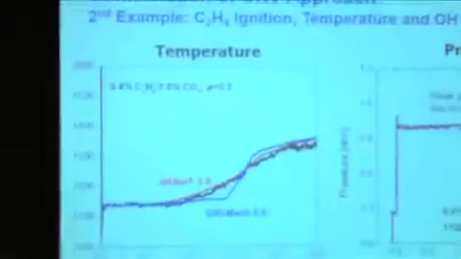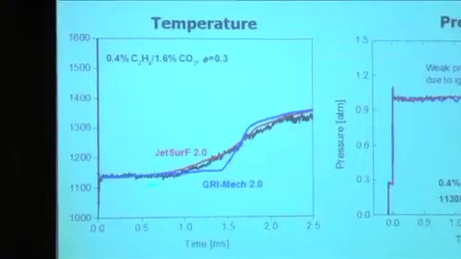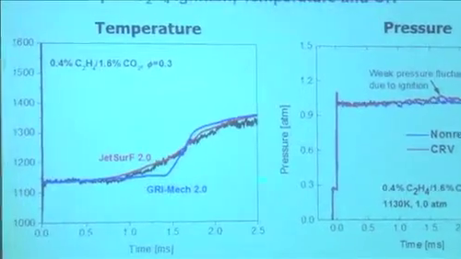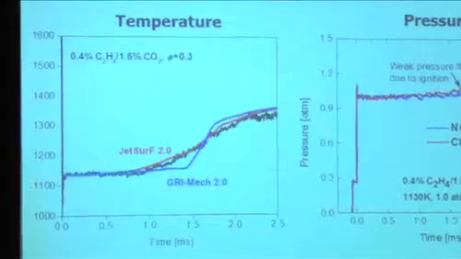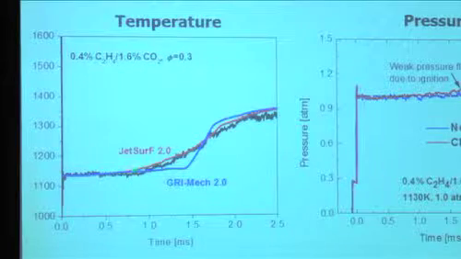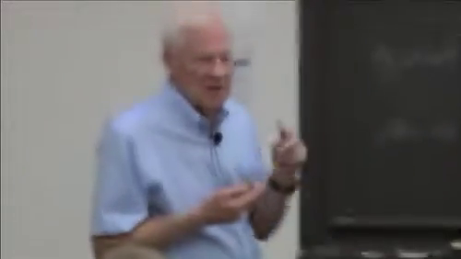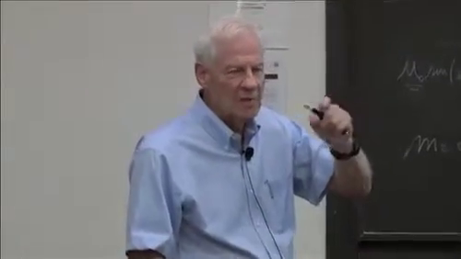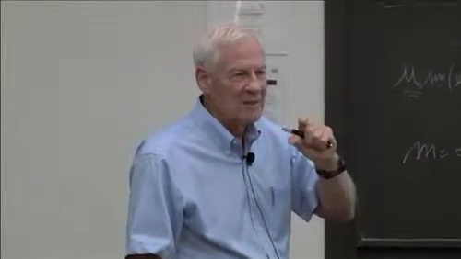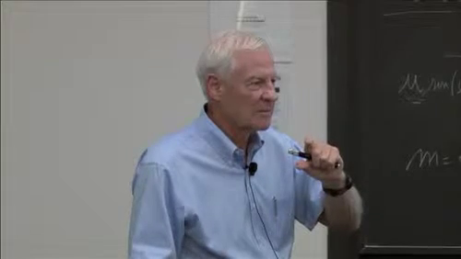And as a check on this, we did a measurement of temperature versus time, which was not easy. It took a few years to figure this out. How can you measure temperature versus time? If the pressure is constant, the enthalpy is constant. But the enthalpy is comprised of 2 terms, sensible enthalpy and the bond energies.